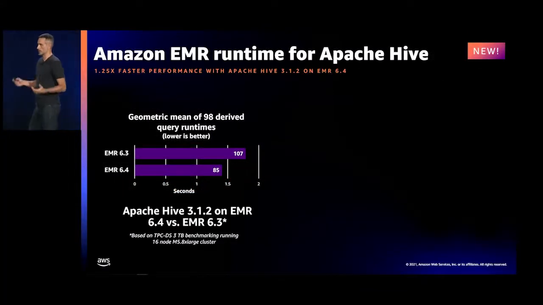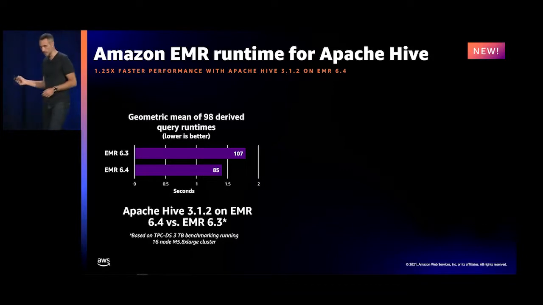So that was for the Spark runtime. We are also extending this optimization to other runtimes, including Presto and Hive. For Presto, you can achieve 1.87x faster performance compared to the same open source version.